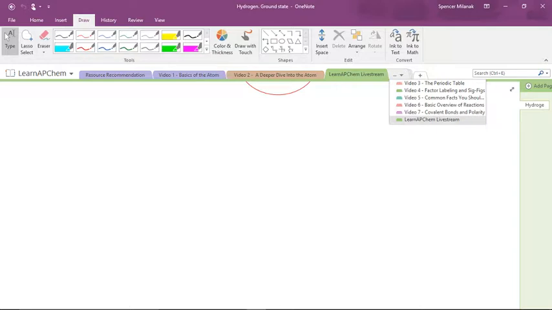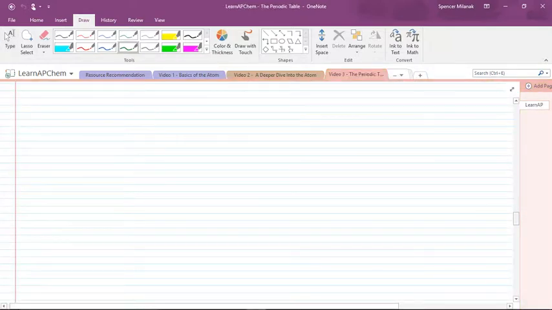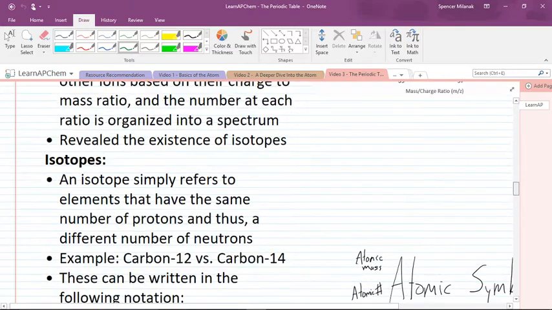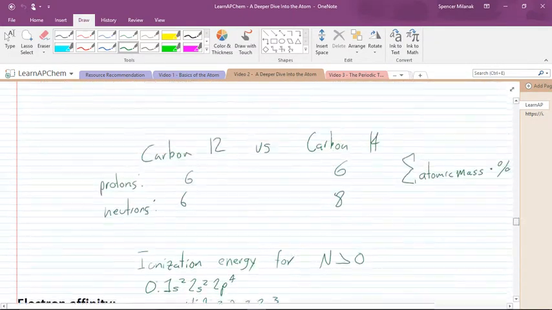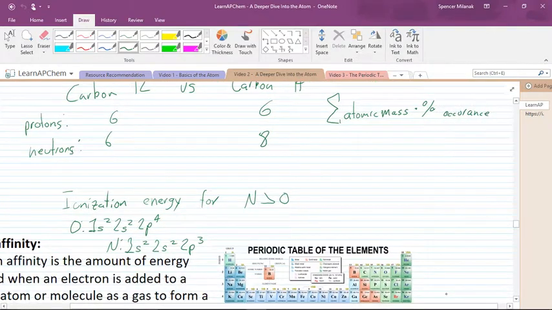Okay, I must have written down atomic mass, and again, I'm on the wrong video. So I wrote down atomic mass. This should be isotope mass. Thanks for catching that.